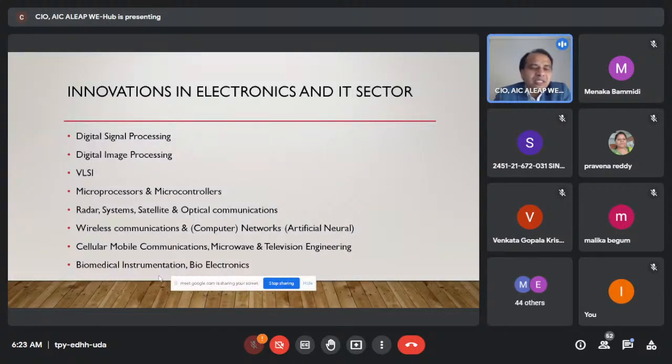And then you just think how you can commercialize that work, your research work, and then we are able to support you. We have seen the best examples in digital image processing.